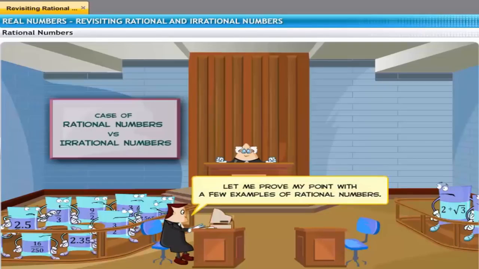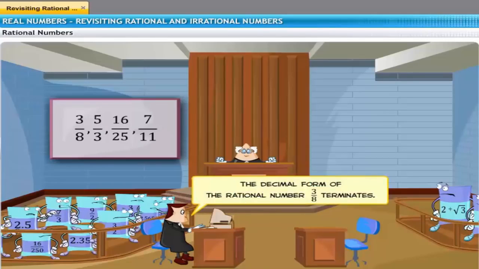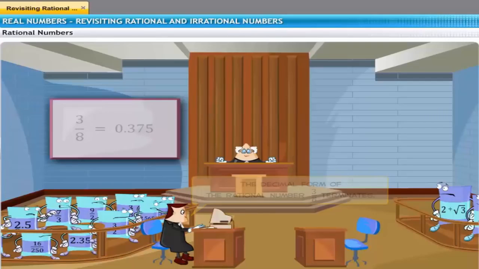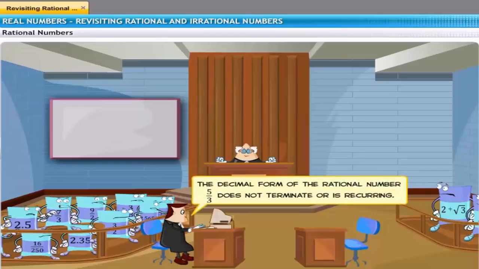Let us look at a few examples of rational numbers to see how they are different. The decimal form of the rational number 3 by 8 terminates or has a finite number of digits. The decimal form of the rational number 5 by 3 does not terminate. It has an infinite number of digits and is a recurring decimal number.